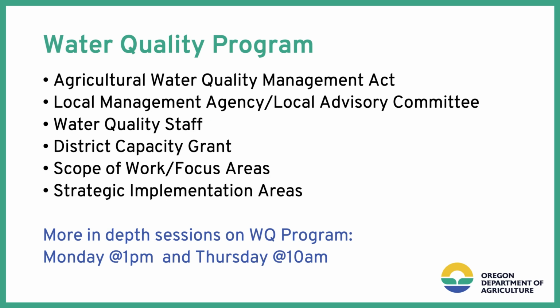The district capacity grant has evolved somewhat as OWEB came about, and the legislature no longer gave money to ODA to give districts. The money now comes from OWEB, though we do manage the grant. But in essence, these capacity grants have stayed the same, where they're to help the districts with helping the landowners meet the water quality rules and meet the water quality plans and improve water quality.